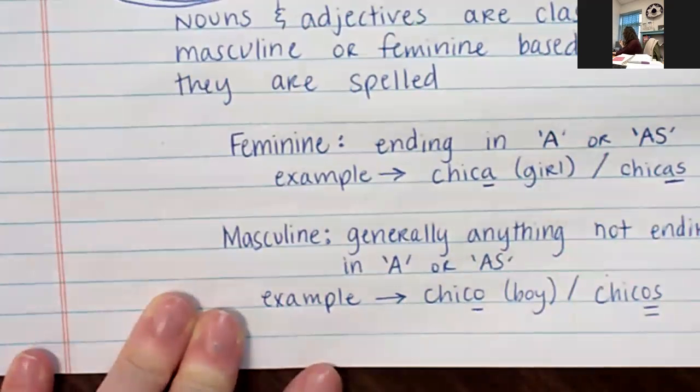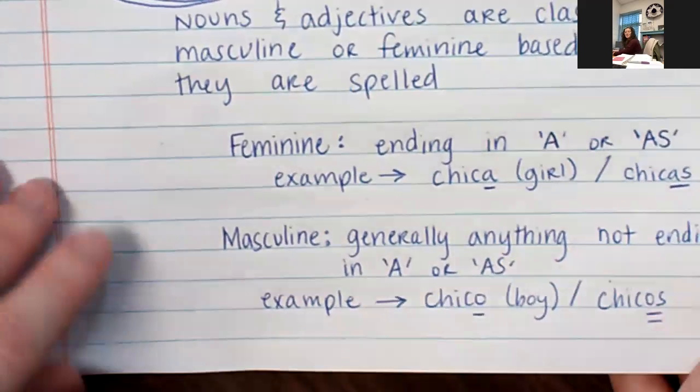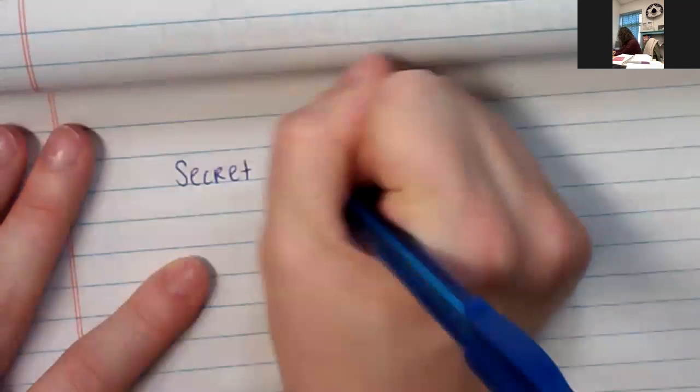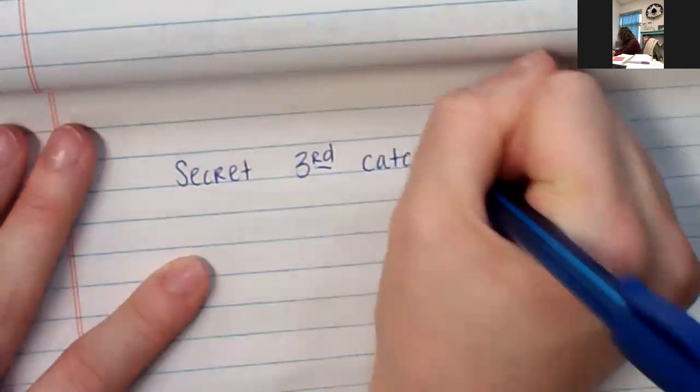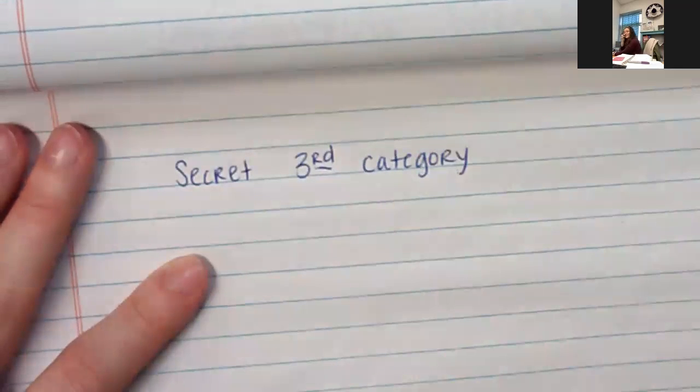And then a special little rule that we need to know, there's technically a third category. The secret third category, and the reason it is a secret is because it's for adjectives only.